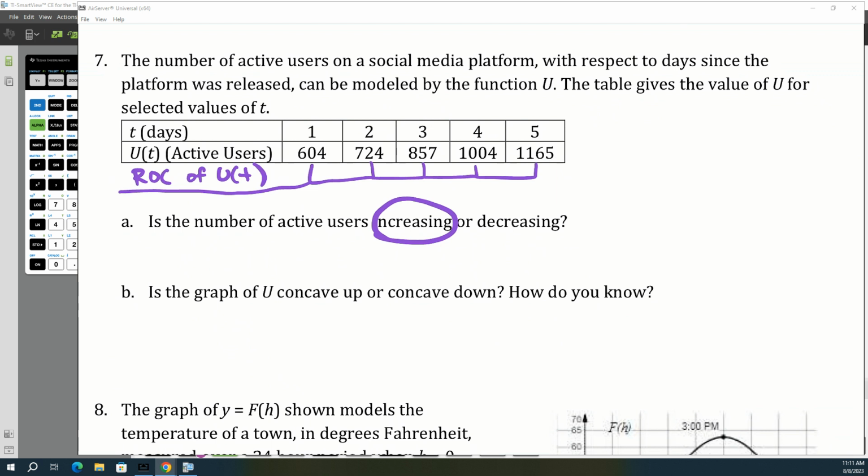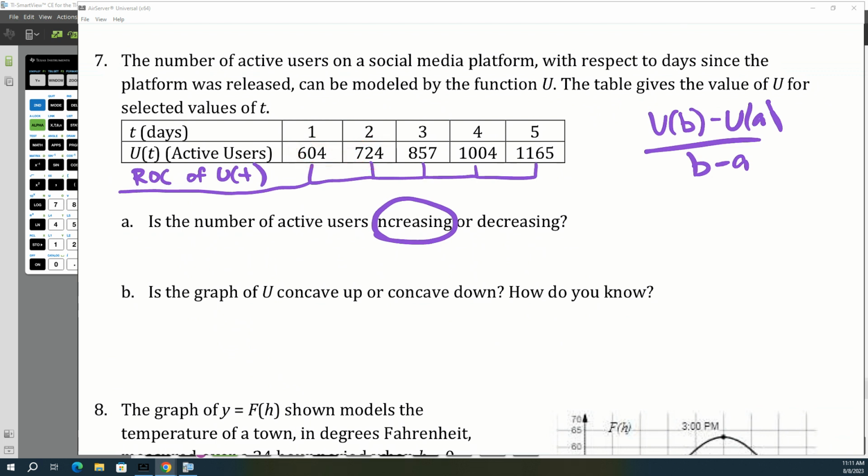All right, so remember, a rate of change is u of b minus u of a over b minus a. And we're doing consecutive days. So what's that b minus a always going to be? It's just going to be 1 because the days are consecutive. So all I really have to do is take 724 and subtract 604.